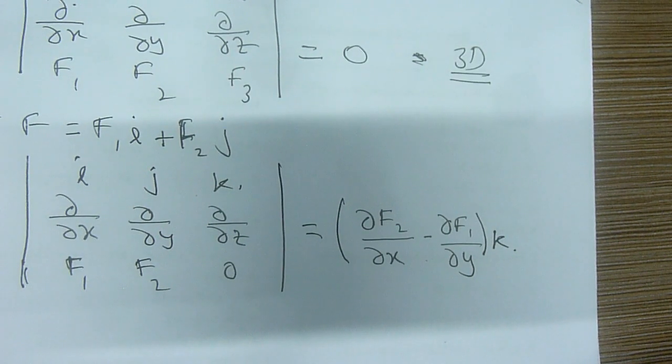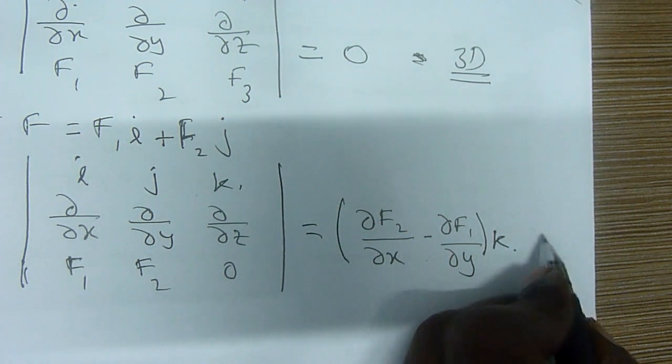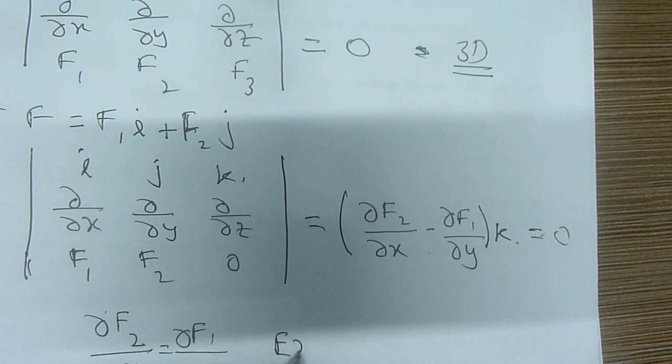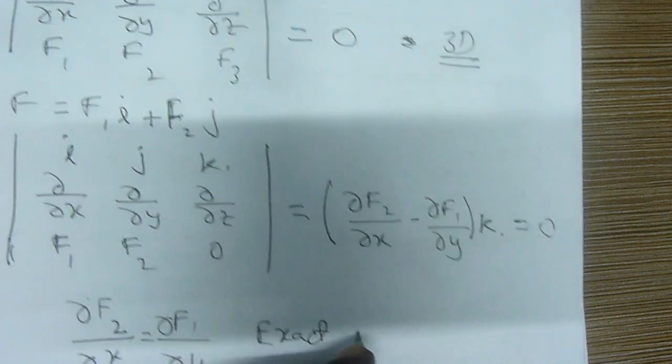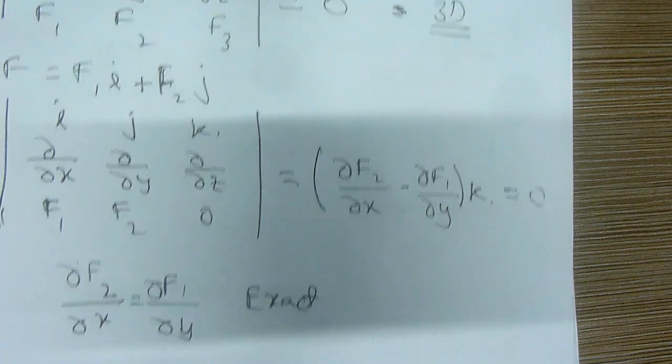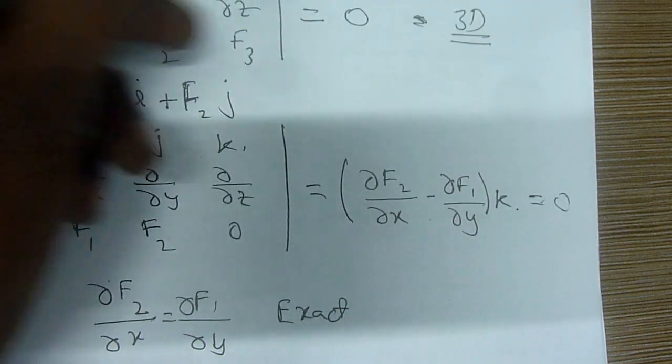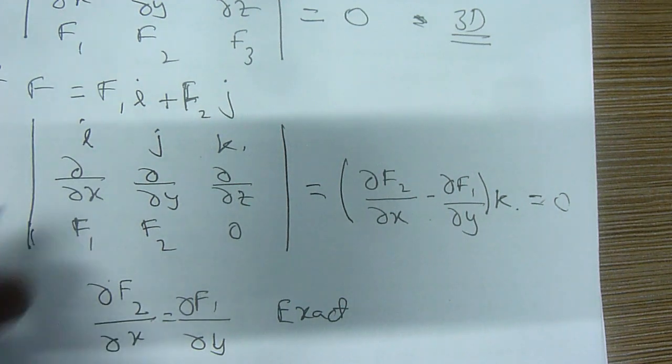We are referring to the j because it's f. This is equivalent to 0, then you will get del f2 del x equals del f1 del y, which is exact. Therefore I have already given steps for the 3D, and even you can use this for 2D.